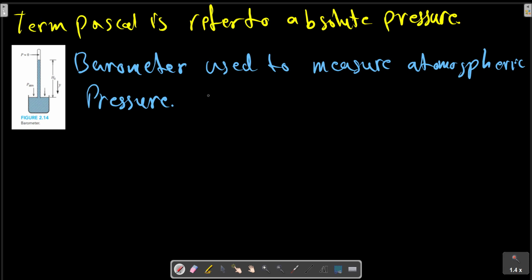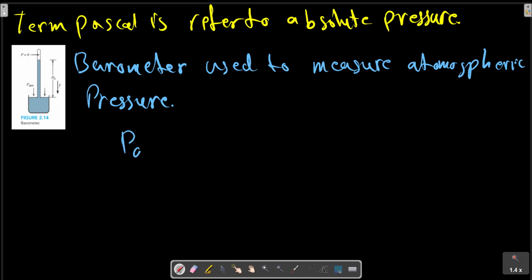As shown in this picture, since there is a near vacuum in the closed tube above the vertical column of fluid, usually mercury, the height of the fluid column gives the atmospheric pressure directly from the equation.